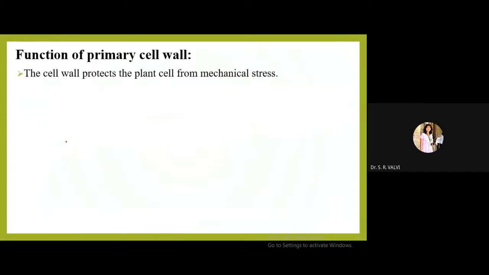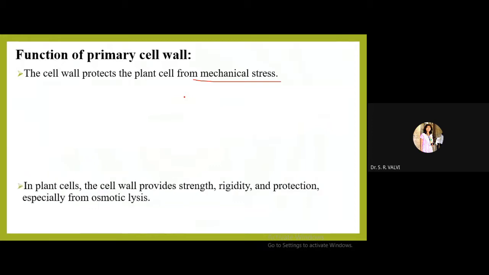Now, next are functions. So we have to learn now the functions of the primary cell wall. So here, see, this is going to protect from any mechanical stress. So any mechanical stress, in case of animals, or in case of wind, in case of higher pressure. So likewise, any kind of mechanical stress that is going to occur to the plant, the plant is protected with the help of this primary cell wall.